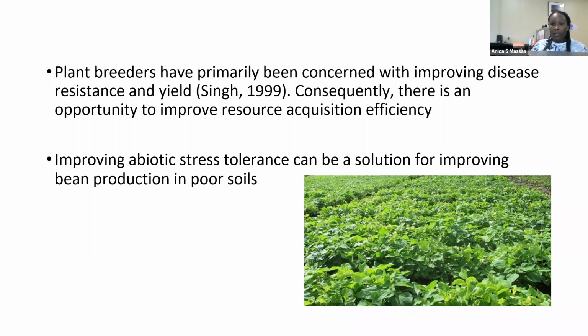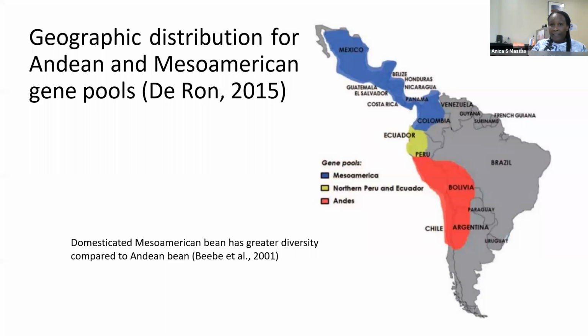And now let's see what these Andean and Mesoamerican gene pools are that we are talking about in this chapter. In this map, we can see there are 2 major gene pools. One is Mesoamerican, which is located in Central America, and another one is the Andean gene pool, which is located in the Andean mountains in South America.